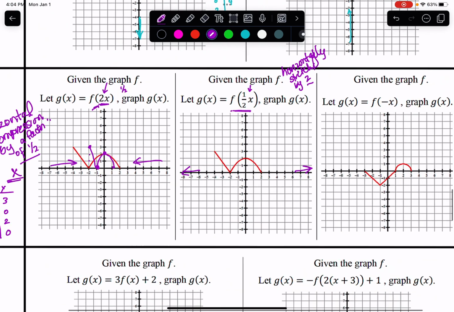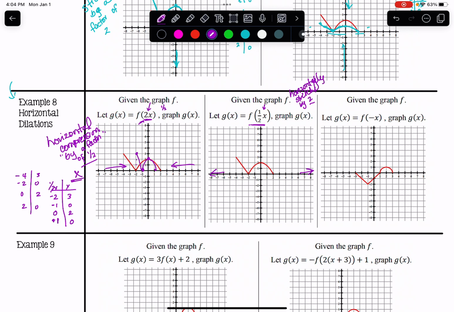All right, let's go back to our little chart. We are now going to multiply x by 2. So if I had, starting out here, these numbers, then it would be -8, -4, 0, 4. And then my same y values, 3, 0, 2, 0.